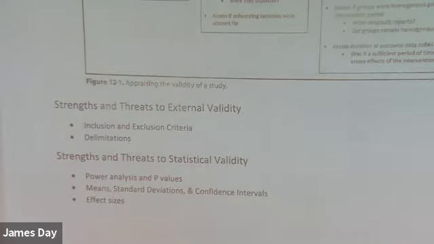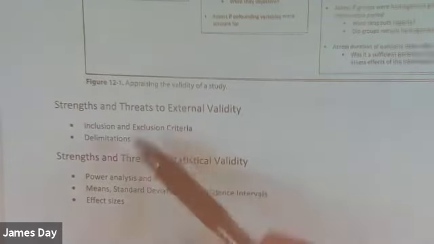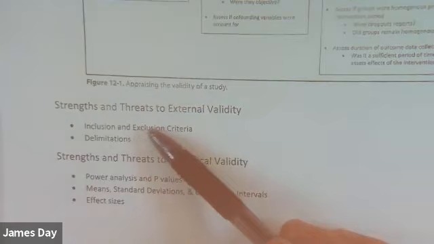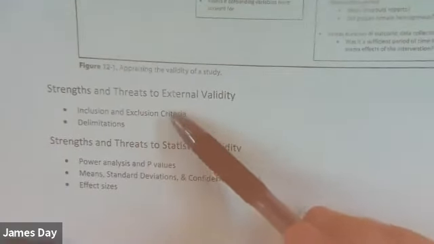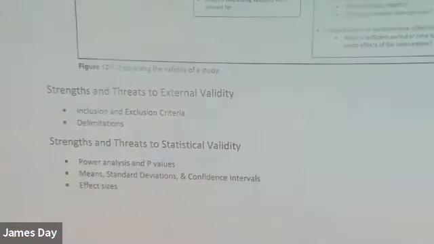And that becomes particularly important when we get to the strengths and threats to external validity. If you remember, external validity is also our generalizability. How does this research affect things outside of the research itself?